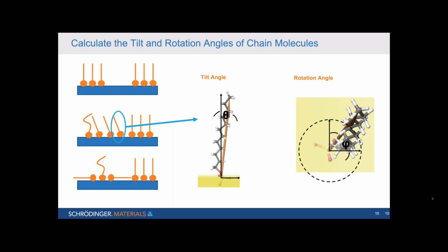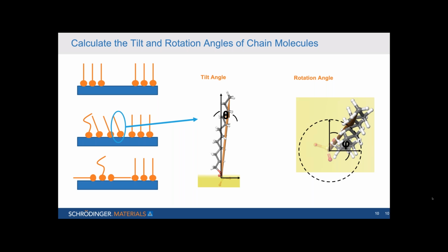And these orientation angles, how these things line up on the surface, are going to be very important for how efficient they are at keeping water or oils out or removing dirt from a surface, or creating that bicontinuous microemulsion. And the nice thing about MD simulations is that we know the positions of all the atoms, we know how they're oriented, so we can calculate things like tilt angle rotations relative to a surface.